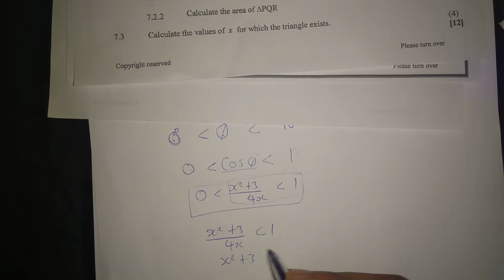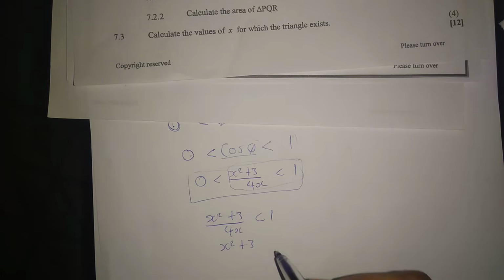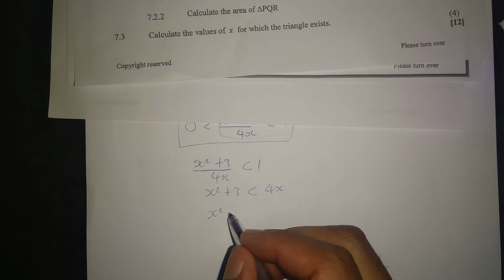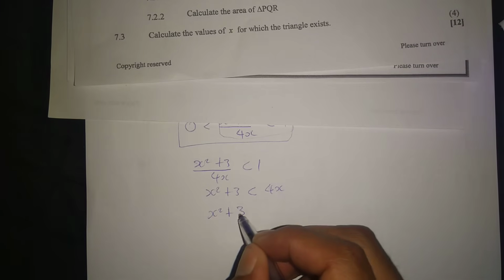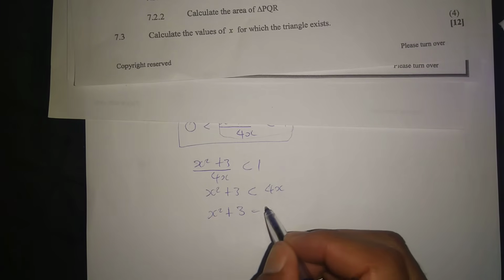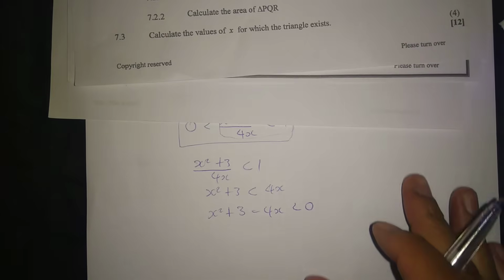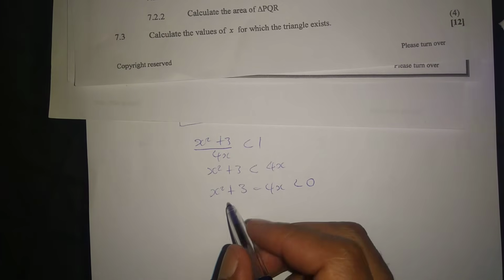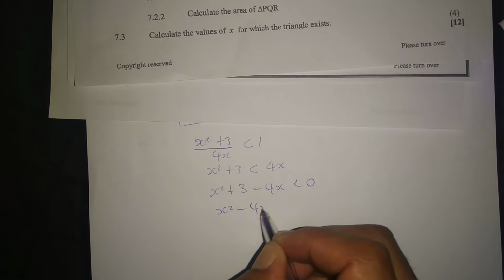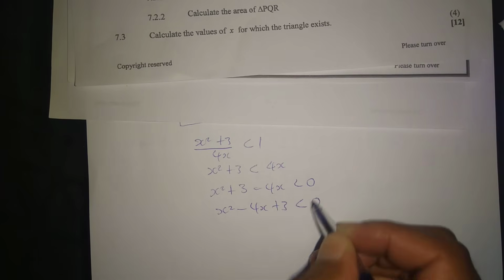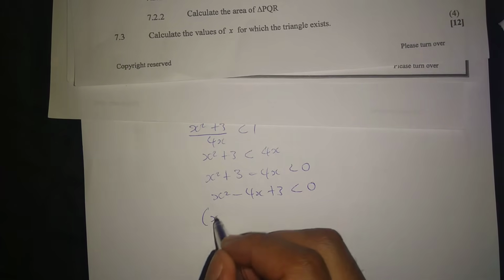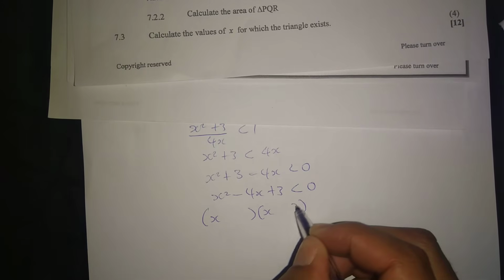Then we move 4x across, giving x squared plus 3 minus 4x less than 0. Rearranging into standard form, it is x squared minus 4x plus 3 less than 0.